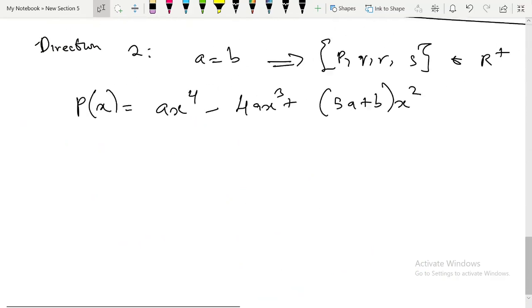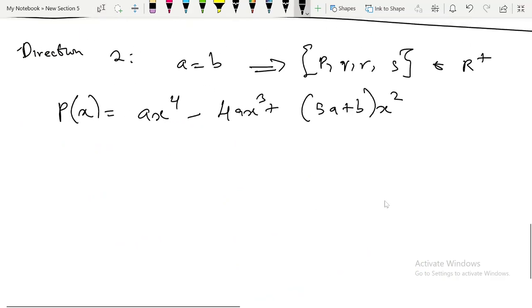So we'll just take that out a little. Minus 4BX plus B. So if A equals B, we can just plug in.